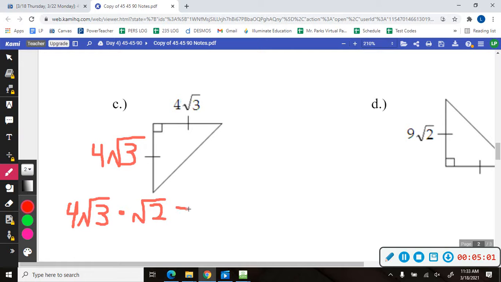This is part of why I spent yesterday going over the properties of radicals, because from yesterday we have 3 times 2, those are called the radicands. You can multiply those together, and you can take 4 times 1, which is 4, so you get 4 square root of 6.